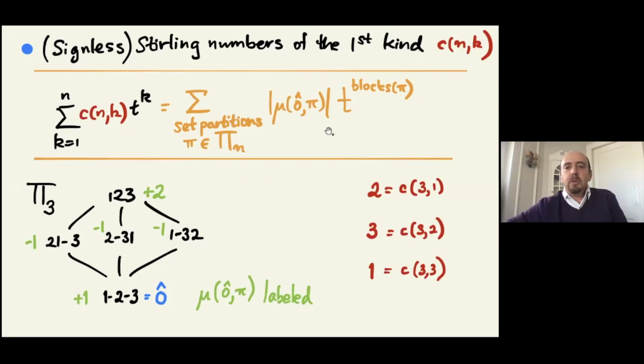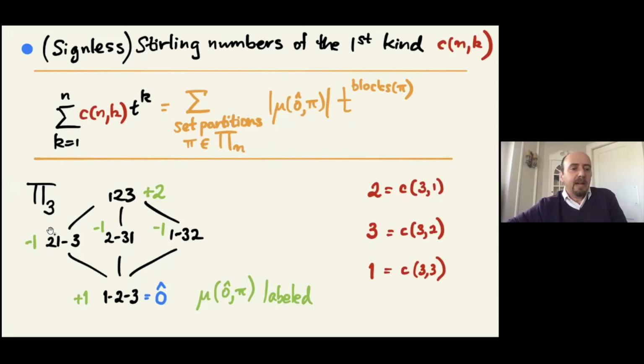You let the t variable keep track of how many blocks they have, and that's essentially their rank within the set partition lattice. The coefficient that you put in front is the absolute value of the Möbius function from the bottom set partition, the discrete partition where everyone's in a singleton block, up to that element.